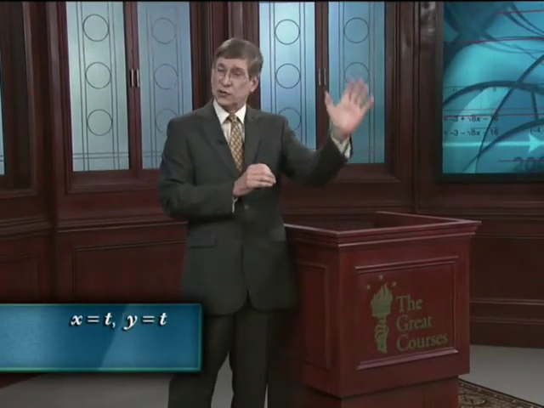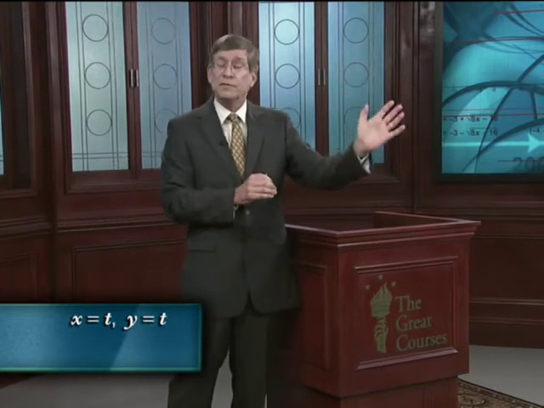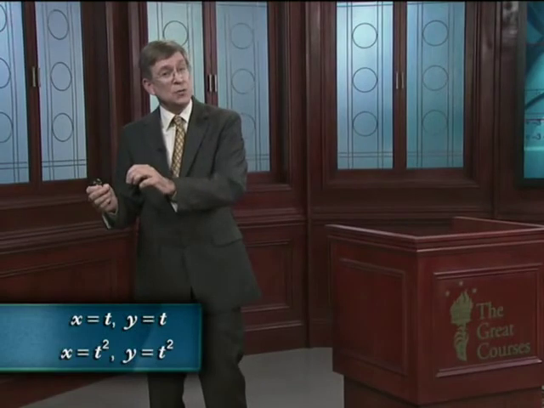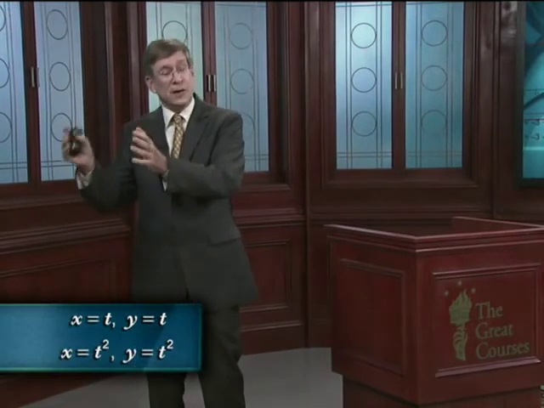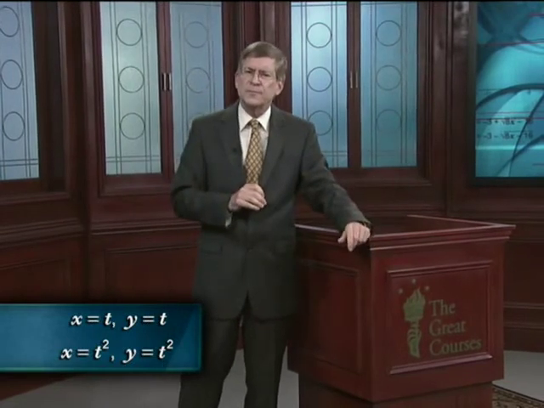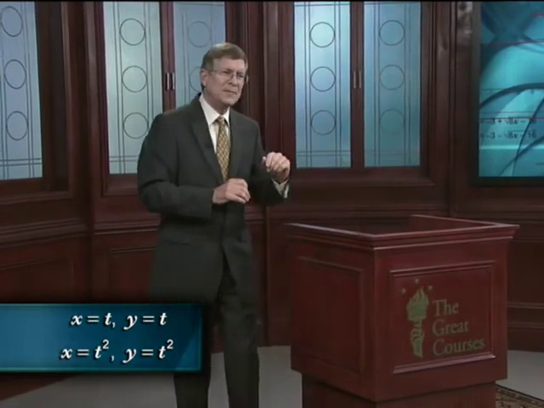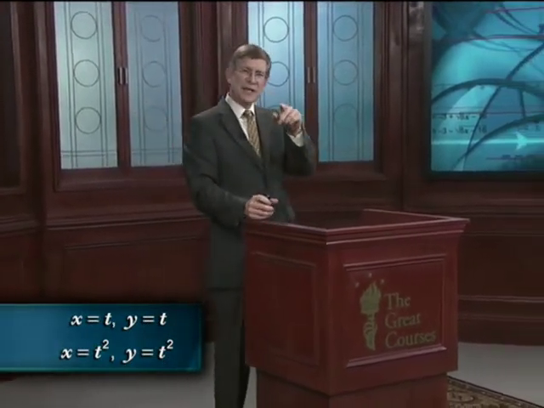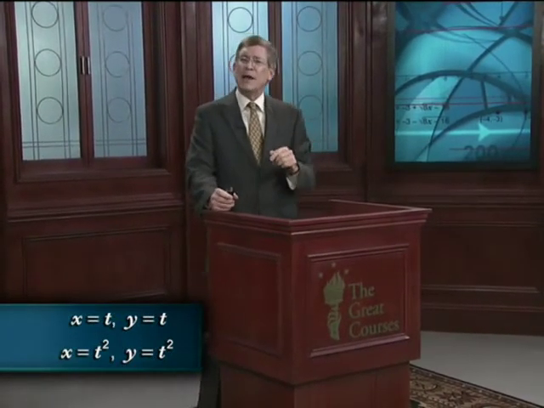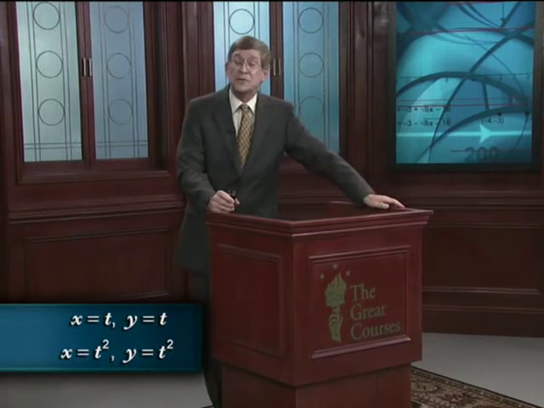So that describes a certain curve. And the other set is x equals t squared and y equals t squared. And that also describes a certain curve. Do these describe the same curve? Well, what do you think? Look at the first one, x equals t and y equals t. If you eliminate the parameter there, you get x equals y, don't you?